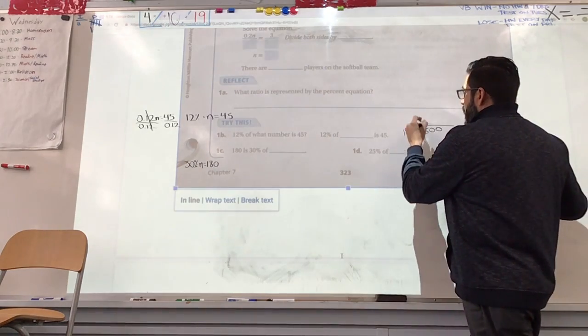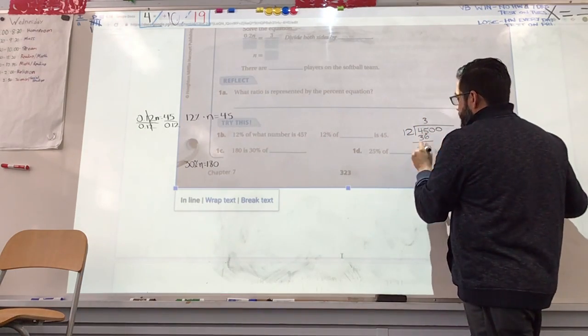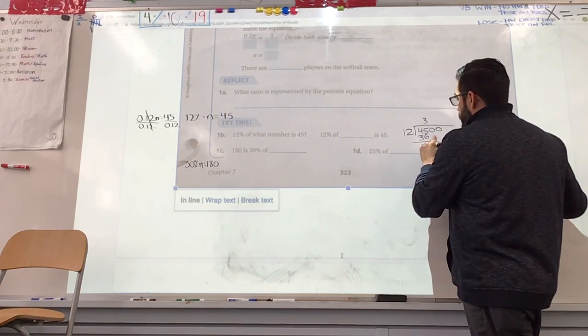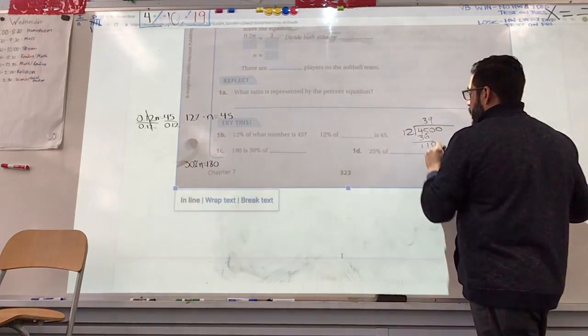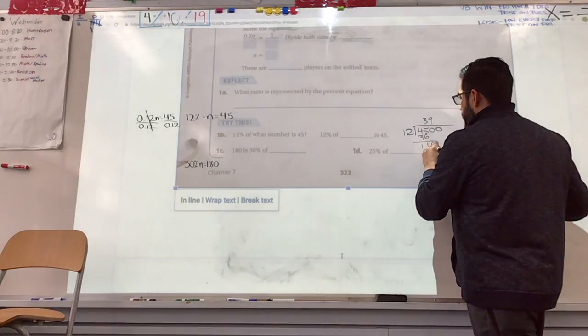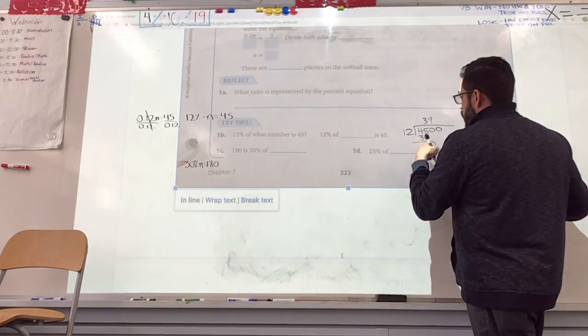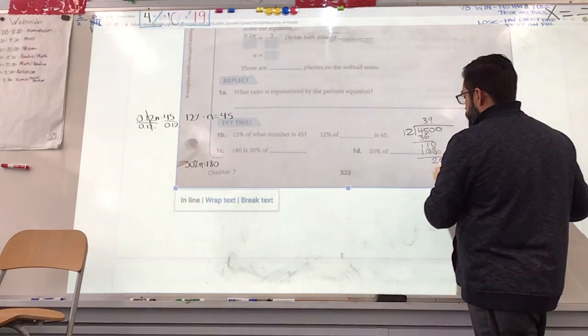12 goes into 45 at least 3 times, that gives us 36. Then we have 11 remainder. 110 would give us 9. 9 times 12 is 108, that gives us 2.